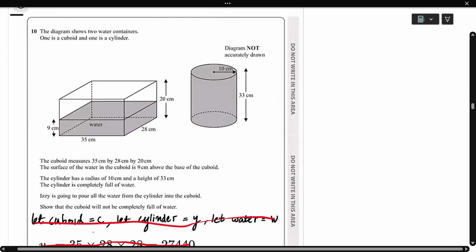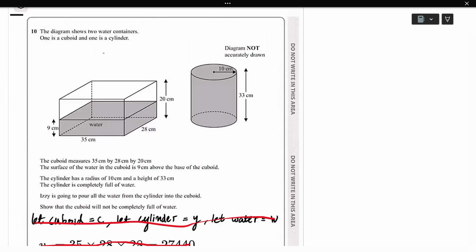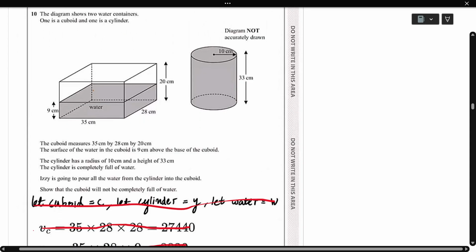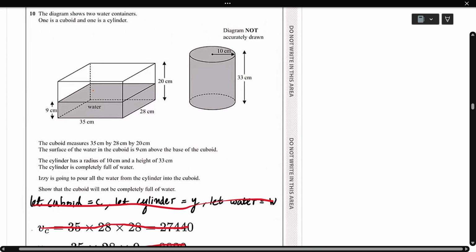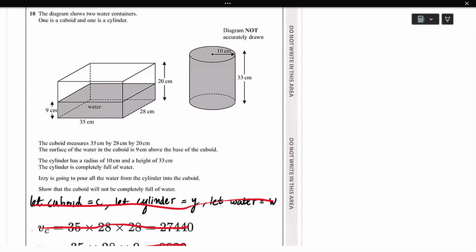The next question, the diagram shows two water containers. One is a cuboid, another one is a cylinder. The cuboid measures 35, 28 and 20. The surface of the water in the cuboid is 9 centimeters above the base.